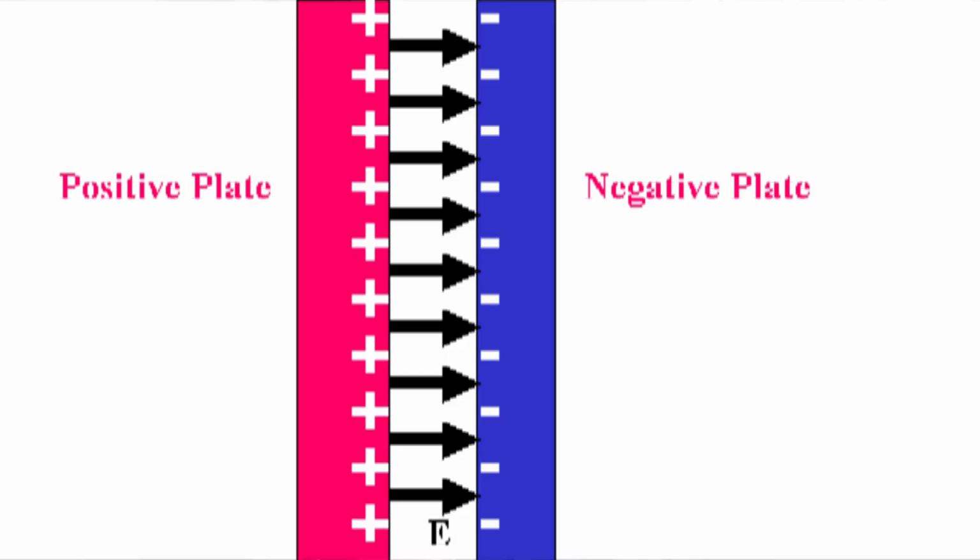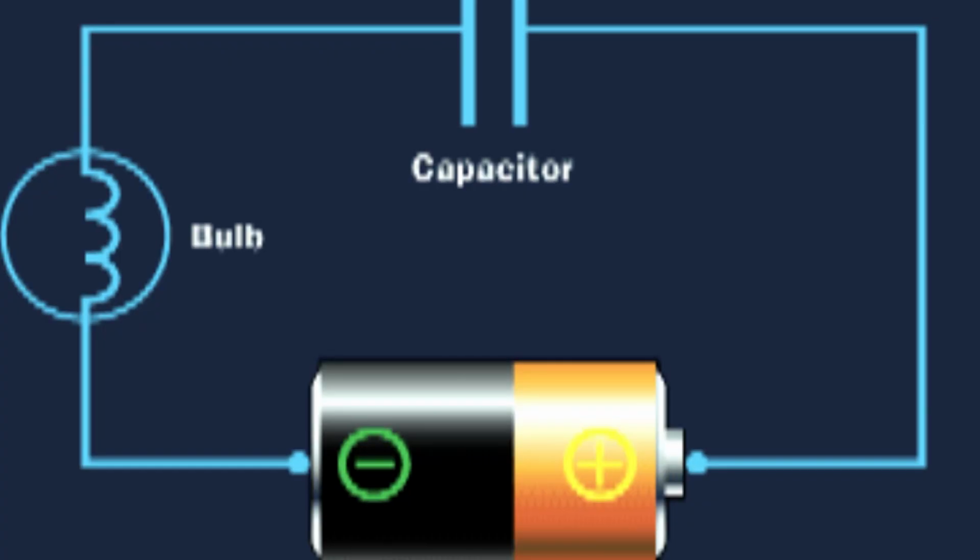When we connect our capacitor to the source, let me say a battery, the voltage will force the electrons to flow from the negative part to the positive part, and it will force these electrons to be filled up in the negative plate. These electrons always are in the negative plate of the capacitor.